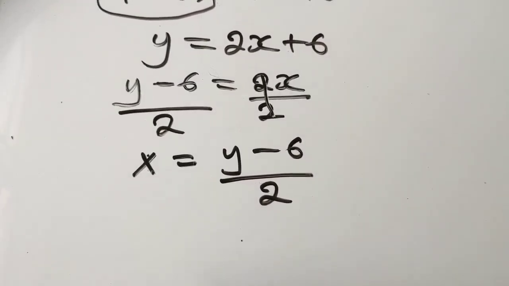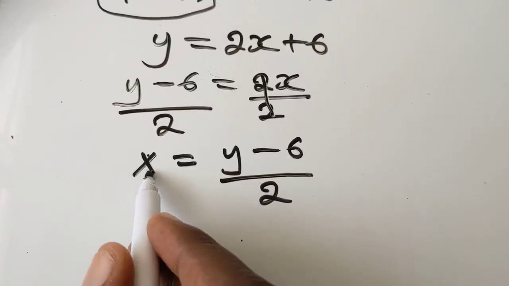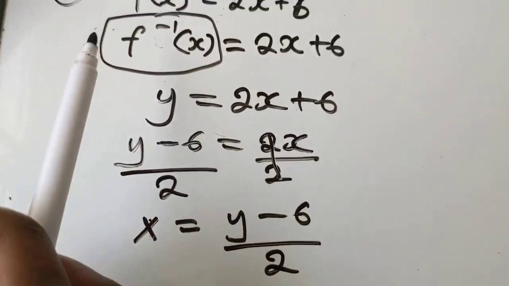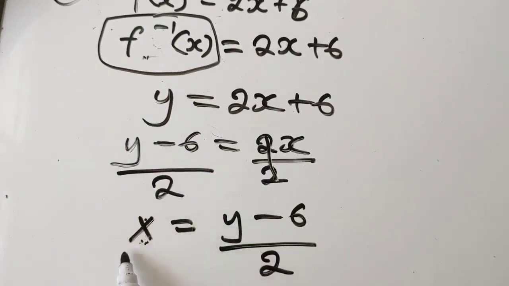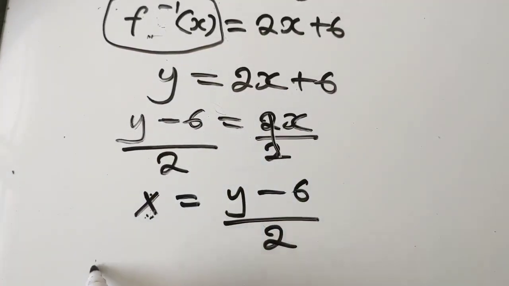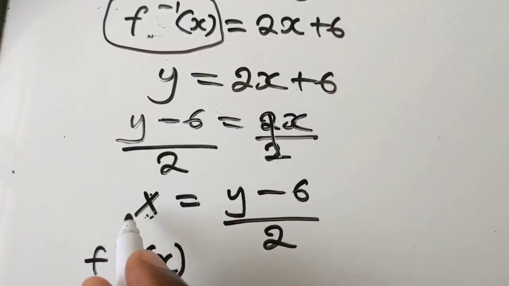So the next thing to do is replace x by this. Now that you found x, replace this x by that. So just say f inverse of x equals this. We have replaced x by this.